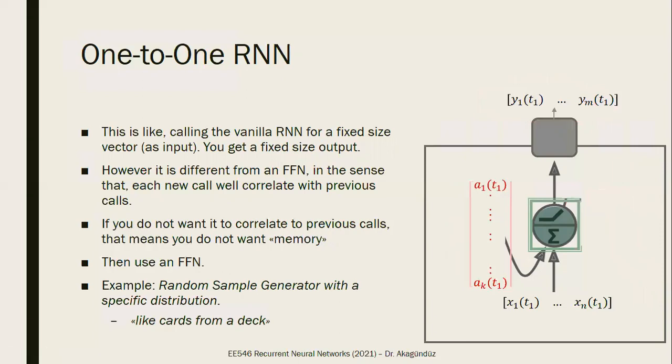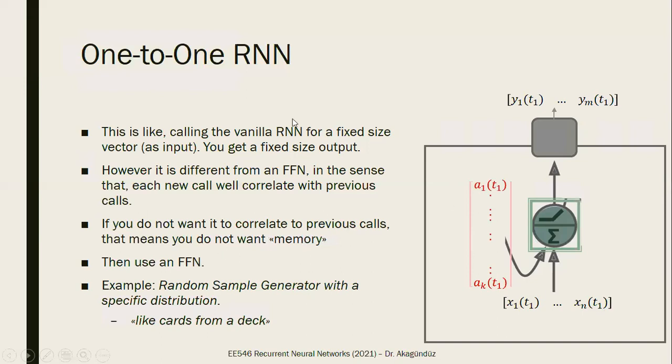Okay, one-to-one RNN. So a nice example is a random sample generator with a specific distribution. So you just give an input and get out. That's a good one. When I said if you're not going to use this input, just put zeros always, it will be no different than an FNN.